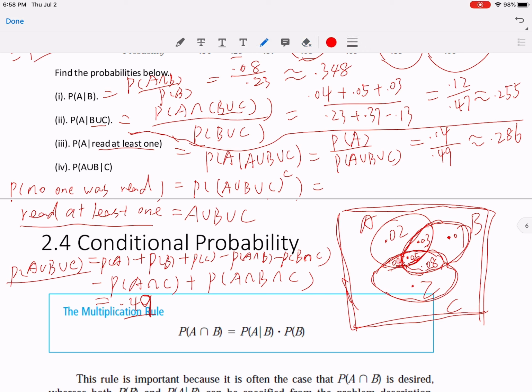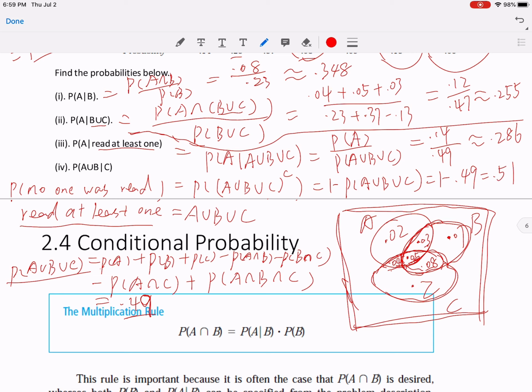Based on the rule of complement, this would be equal to 1 minus the probability of A union B union C, which is 1 minus 0.49, which is 0.51. So that's how we find the probability no one was right.